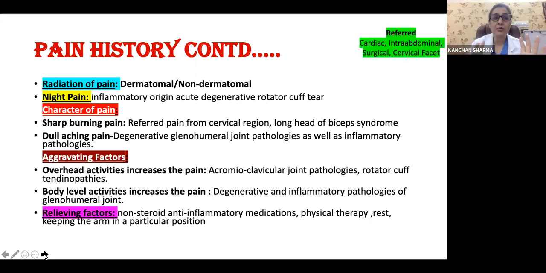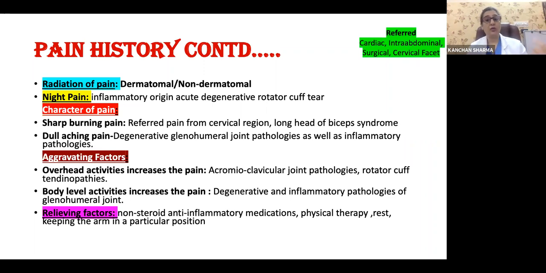So ask about the second thing, radiation, night pain, and then you should ask about the character of pain. Usually, always remember, if it's a joint pathology, you are going to have the dull aching pain. Sharp shooting pain, usually you'll have referred from, you have that disc prolapse compression of the nerve, so you are going to have that, but they have found this pain even if you have the involvement of your long head of biceps.